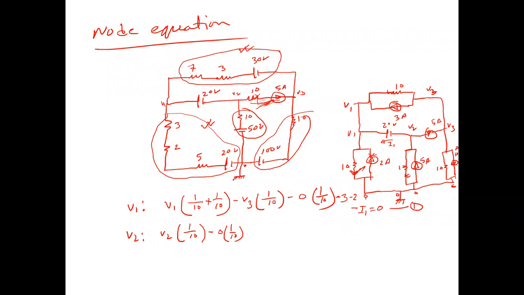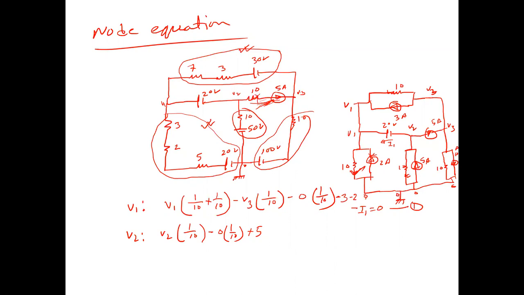Now V2, another current flow, this is the positive. Incoming is the negative. Outgoing is the positive. This current is outgoing, so plus 5. And this current outgoing, so also plus 20.